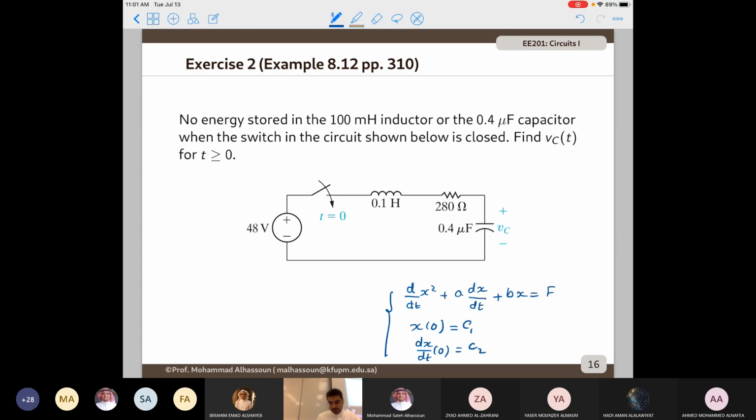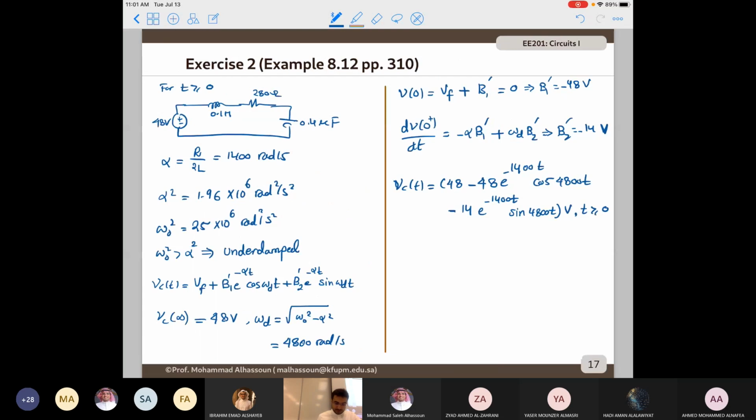Looking into what we have in here, we know that the quantity X is the voltage across the capacitor. We derived the solution for this one. We showed that the solution for the voltage is VF plus P1 plus the rest. So we need to evaluate it at 0.